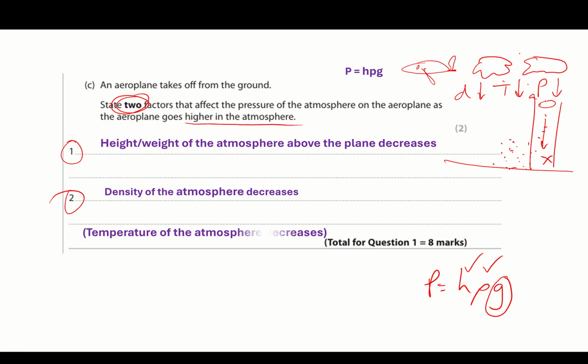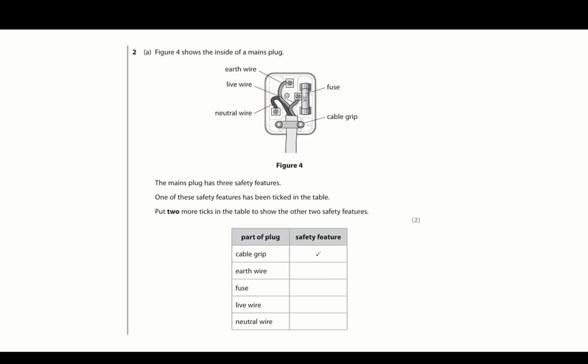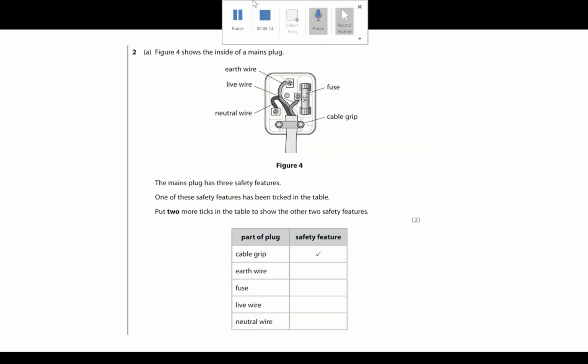But what we could talk about is the temperature of the atmosphere decreases, and that will then mean that the particles have less kinetic energy. But I would just say you're sticking to using this formula that's at the back of your booklet, and talk about the factors. Anytime I ask you to talk about factors in terms of pressure, go and get the equation and see what each of those are. There we go. Question 1 done.